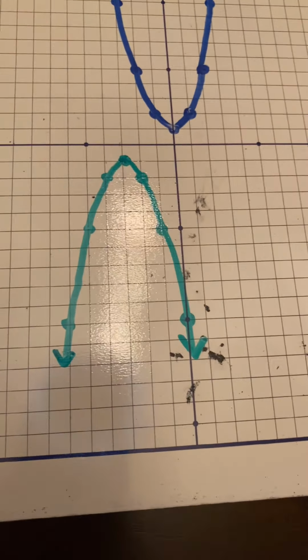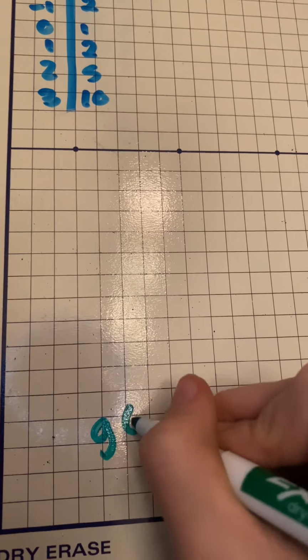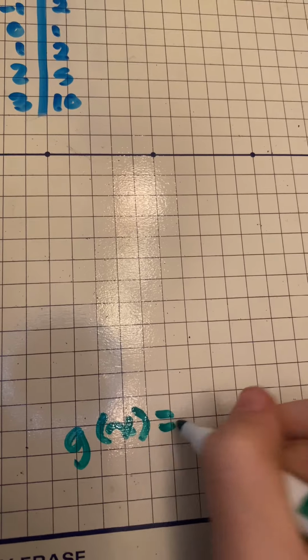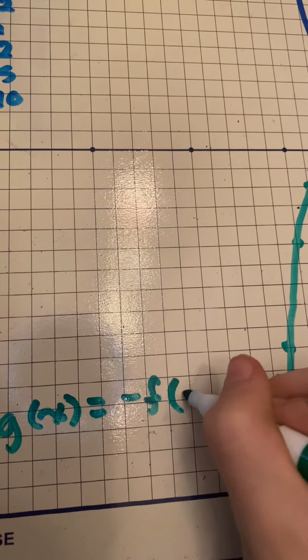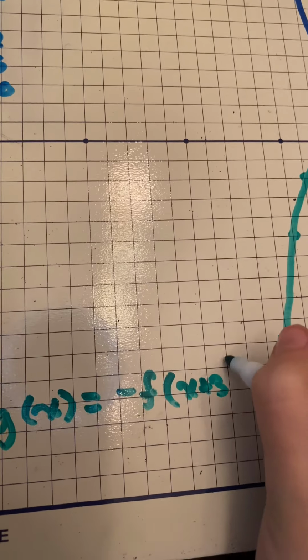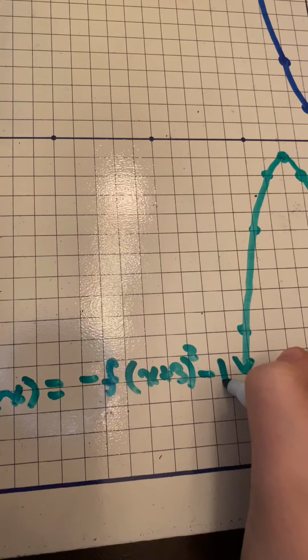It's also continuous, and we can label this with your g of x, which equals -f, parentheses x plus 3 squared, which is outside the parentheses, minus 1.